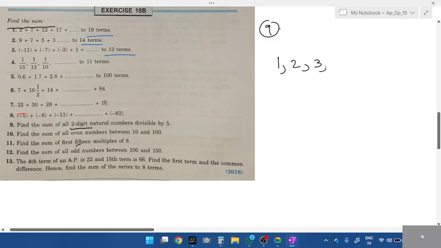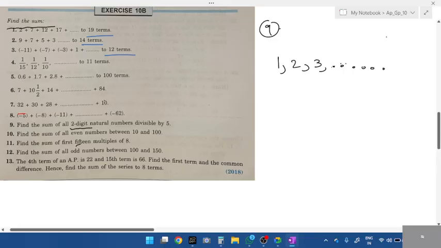See, only if you respond will they be able to know how much you have understood. If you are silent like this, okay, 4, 5, it goes on, right? Up to, what do you mean by two digits? What is the last two digit number? Use your common sense, use your brain and answer.